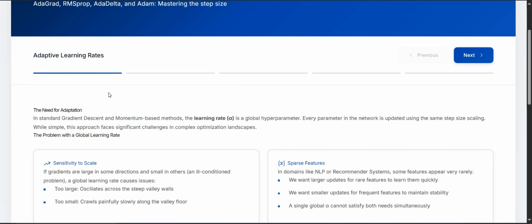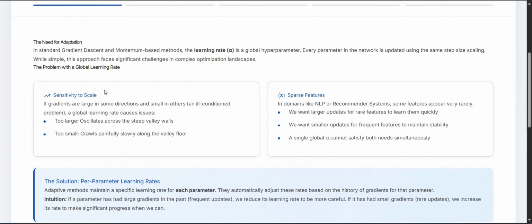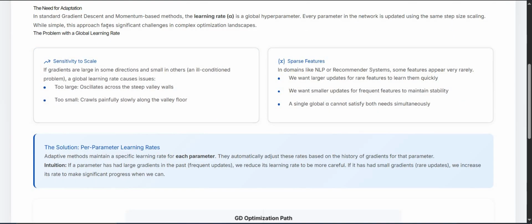Alright, let's walk through adaptive learning rates together. What are they? When you train a model with the basic gradient descent idea, every parameter takes a step using the same learning rate. You can see on the screen that the learning rate is written as alpha.